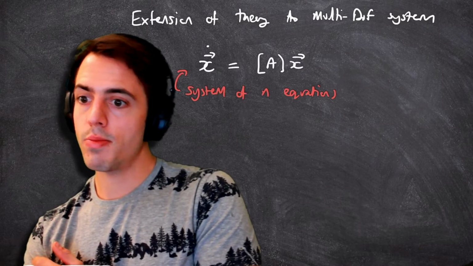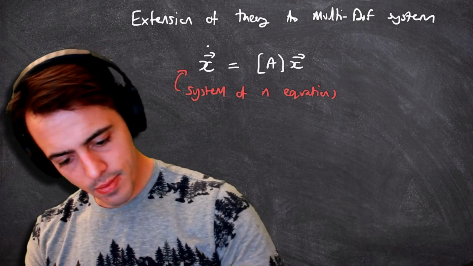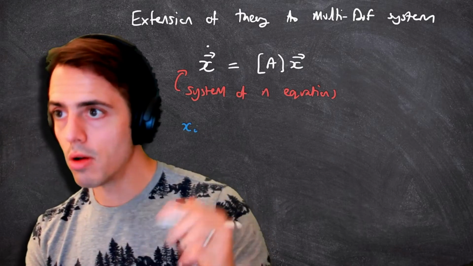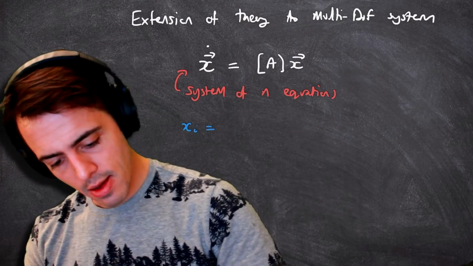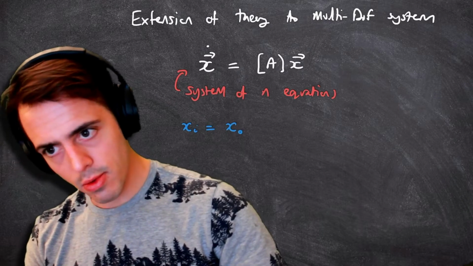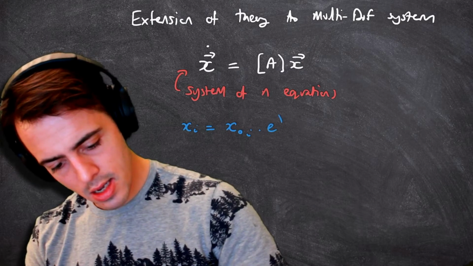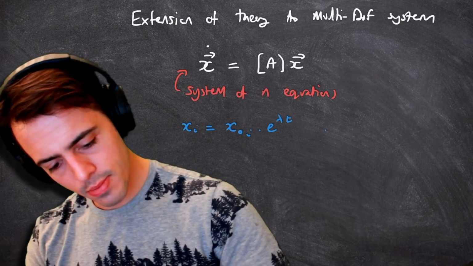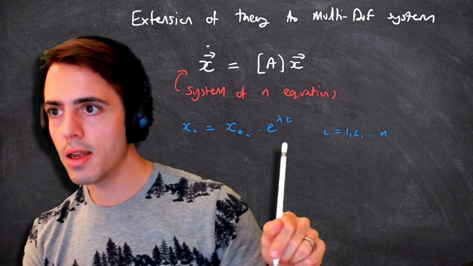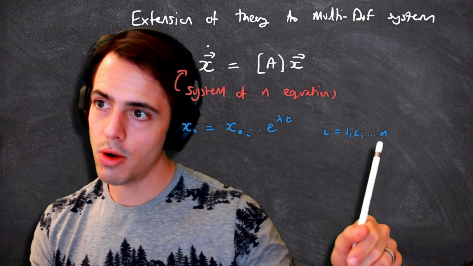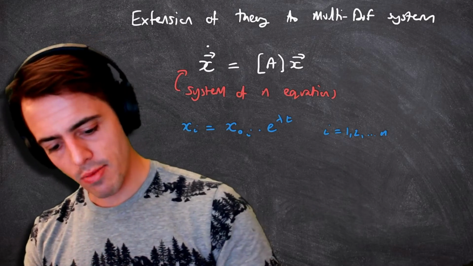So we can just put the exact same general form into the above, and we can say that for x_i, with i from 1 all the way up to n, x_i is equal to x naught i multiplied by e to the lambda t. For our longitudinal equations of motion, n is 4, lateral directional, n is 5. So we can then write this in vector format.